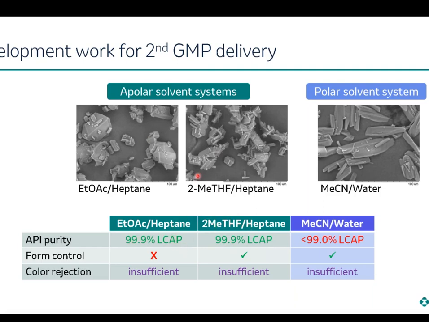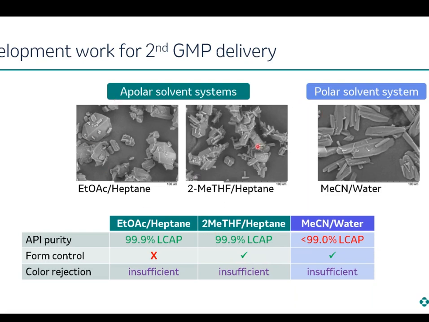Both systems, ethyl acetate and 2-methyl-THF-heptane, achieved 99.9% LCAP, high API weight percent, whereas acetonitrile-water clearly couldn't meet these levels and remained below 99% LCAP.